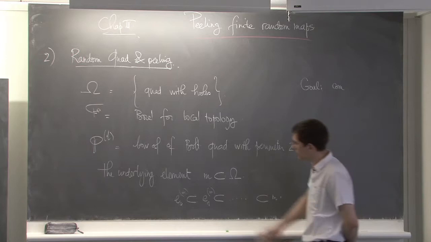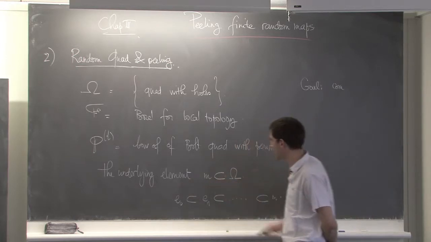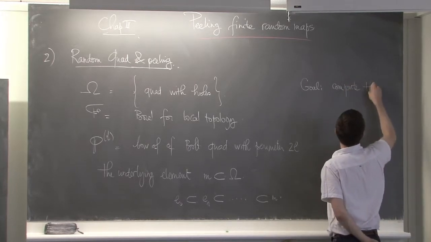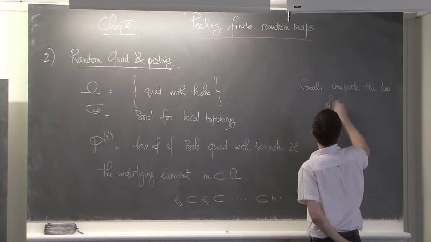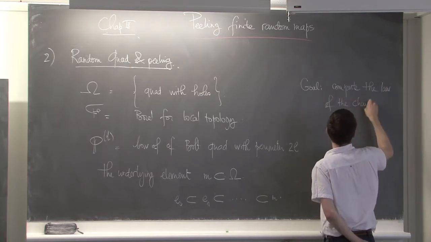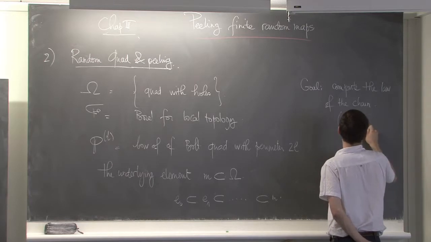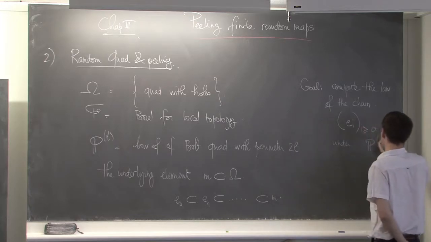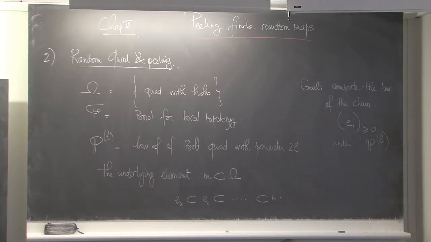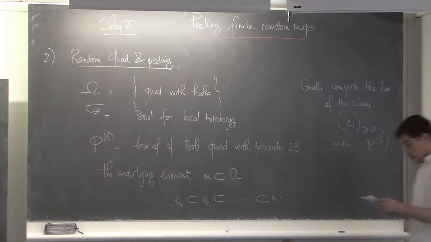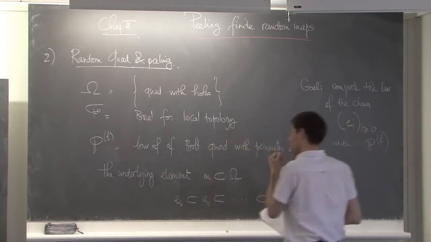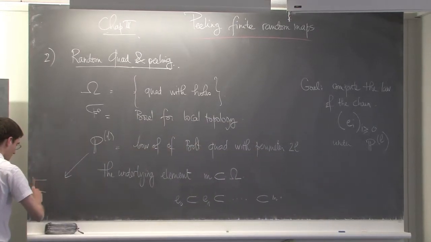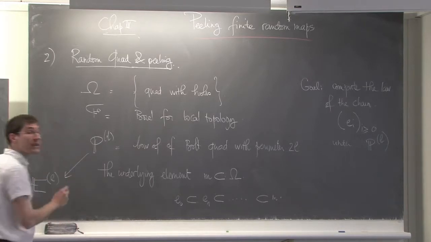But I will not do that in my notations. The underlying element M will always be implicit. And the goal is to compute the law of the chain E_i under the Boltzmann distribution. Okay? So that's the Boltzmann distribution, and we'll denote by E_L the corresponding expectation.